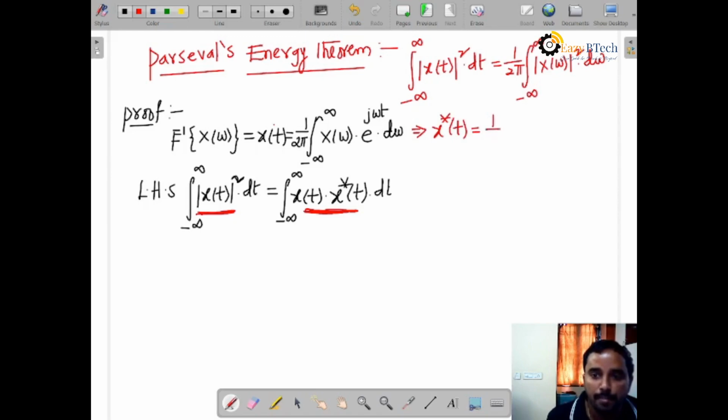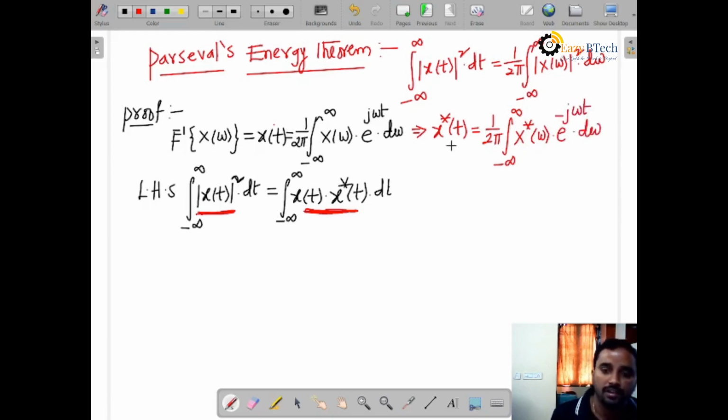What will it become? 1 by 2 pi and the integral from minus infinity to plus infinity of x star omega, where we are applying complex conjugation, and e to the power plus j will become minus j omega t d omega. So this x star of t I am going to substitute in this integral. Doing that substitution, we get the result.